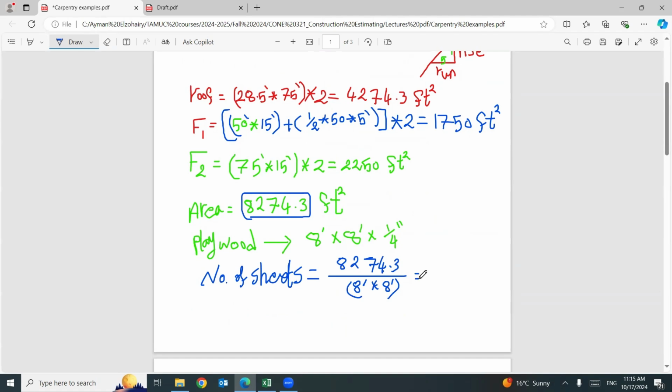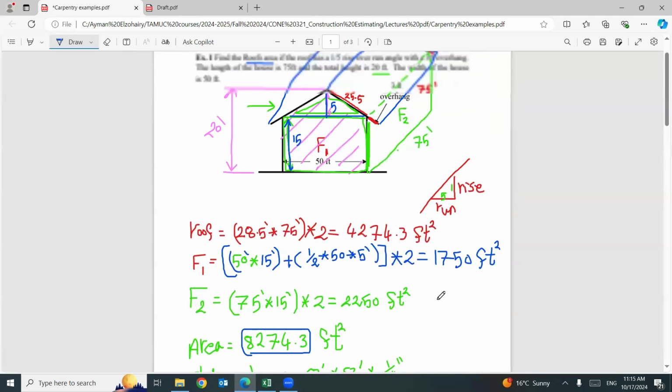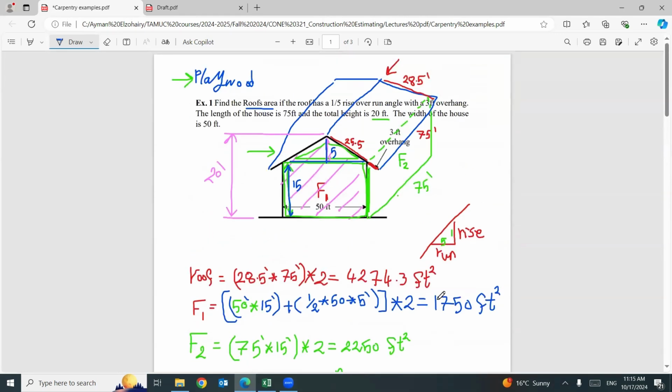So I need to order almost 129.2 or 129.3. So I will round this number to 130 sheets we need to order from the store to cover the total surface area of the roof and the walls of this building.